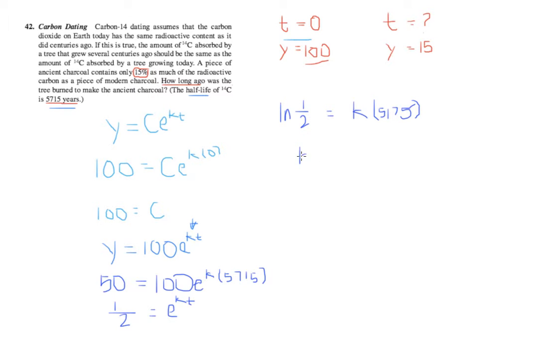Then k would equal negative 0.000134, and this is rounded.